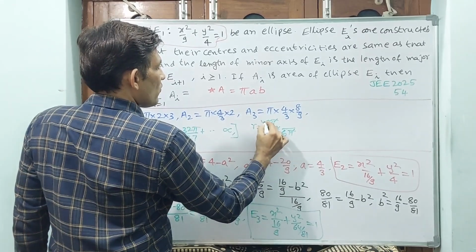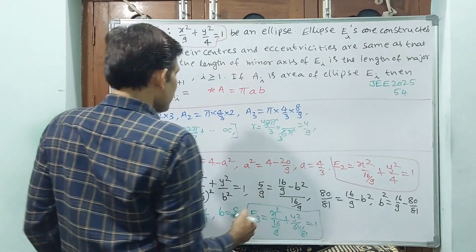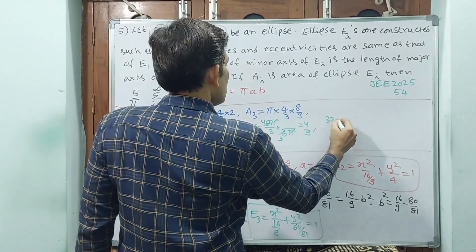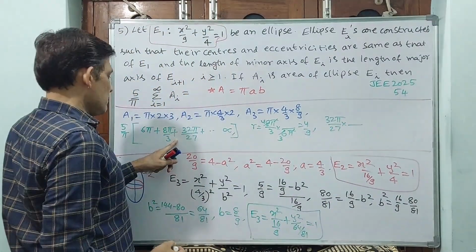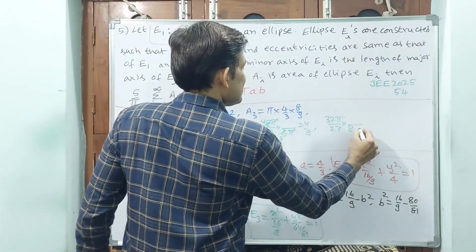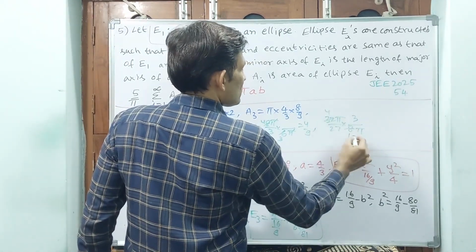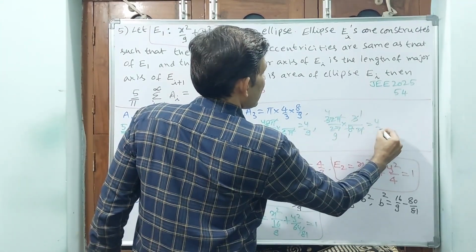Two threes, two fours. That means 4 by 9 will come. Pi will not be there. Okay. And see the second by third also: 32 pi by 27 divided by 8 pi by 3. See, 8 ones, 8 fours. Pi is going to get cancelled out. 3 ones, 3 nines. That means 4 by 9.